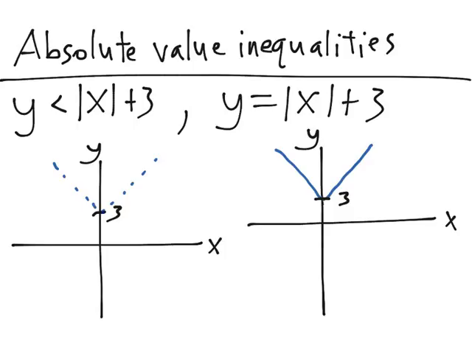Finally, if we test a point that's above this boundary, say x is equal to 0 and y is equal to 10, that should be somewhere up here, then our inequality says that 10 is less than absolute value of 0 plus 3, which is just 0 plus 3, which equals 3. Since 10 is not less than 3, this means we need to shade the lower region. So our inequality will look like this.